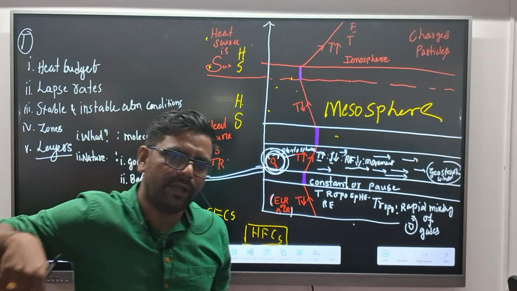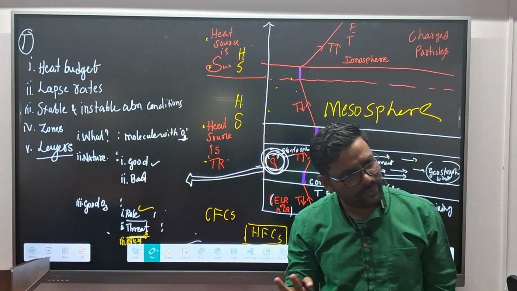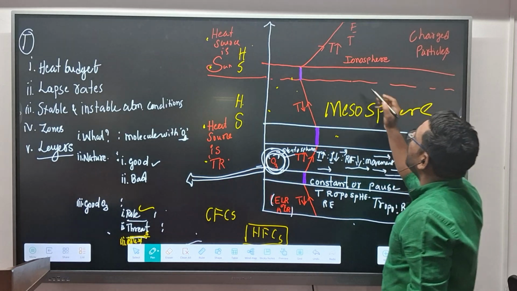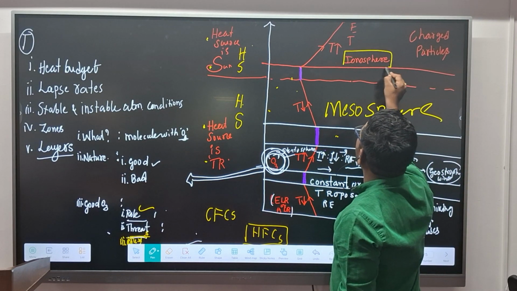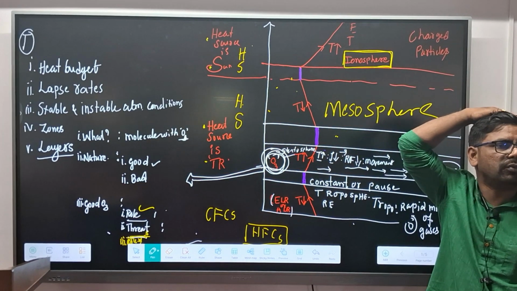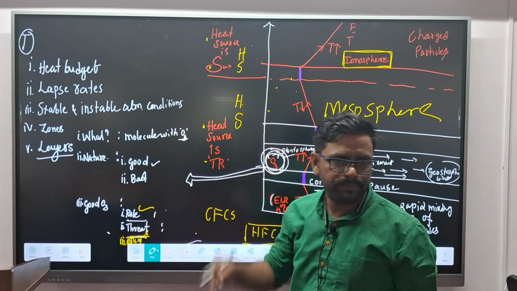Zone of ions. Ions means charged. Now these ions are charged particles, and they are very, very important here to reflect the waves, or radio waves indeed.